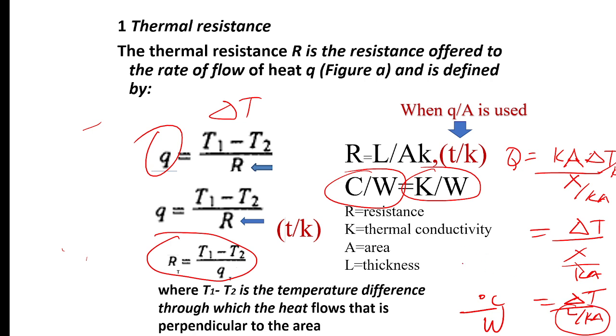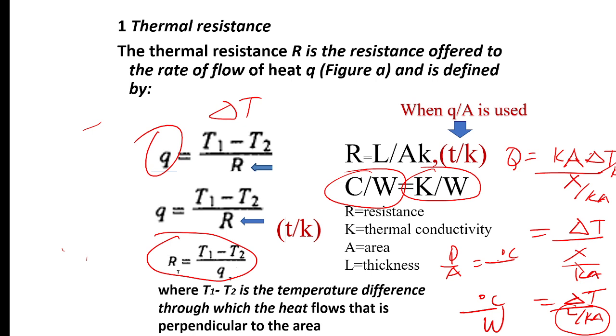How is that? Normally we have this Q over A. So if we put the heat in terms of per square area, what's going to be left is this. So temperature is in degrees centigrade, and then the area is under the heat.